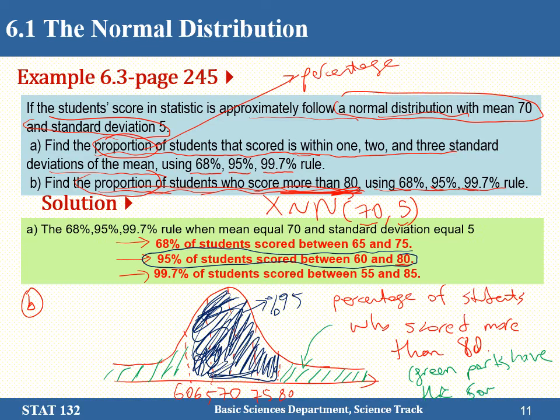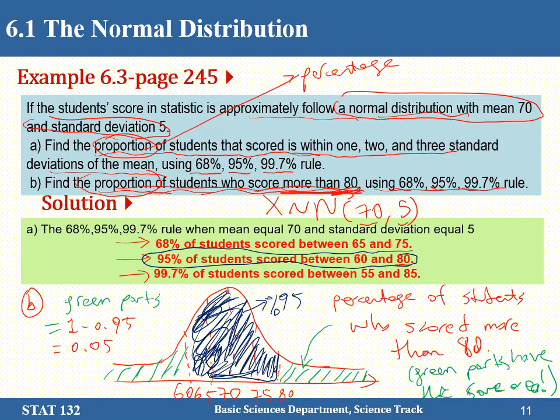So how can we find it? Basically, the green parts are equal to 1 minus 0.95. So this will give you 0.05. And we want this part only, because it's symmetric, so they have the same measure of probability or the percentage.